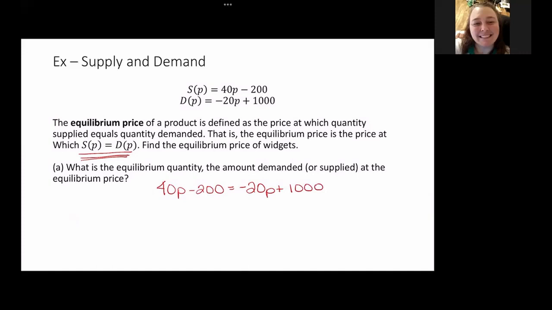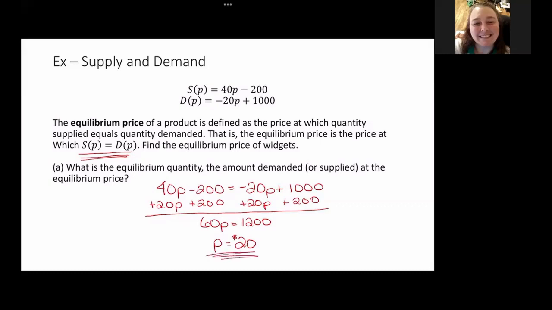Okay, now let's solve for P. So if I add 200 and add 20p, I get 60p equals 1,200. I get my P is equal to 20. Now remember, P is a price, so it's going to be $20. Okay, so the equilibrium price is $20.